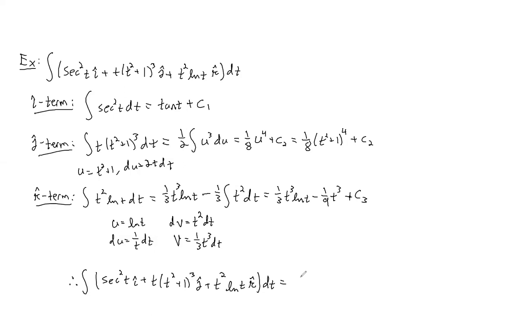And we've just discovered that that whole thing comes out to, now there are a couple of ways you can write this. One way is the way I just did with the c1, c2, and c3 in each term.